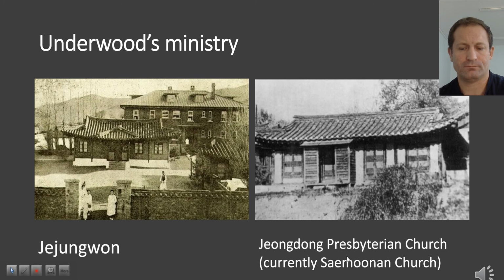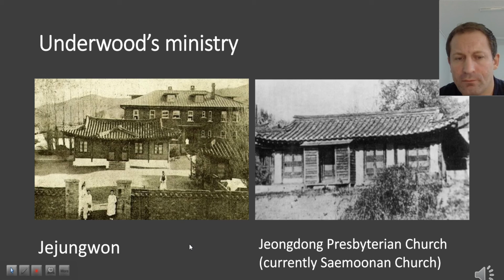Now let's look at Underwood's ministry in Korea. On April 5, 1885, he entered Korea as a missionary, and the Joseon government didn't allow him to do missionary work. So after entering Joseon, he began his missionary work by teaching medical courses at the Jejungwon of Allen Missionary.